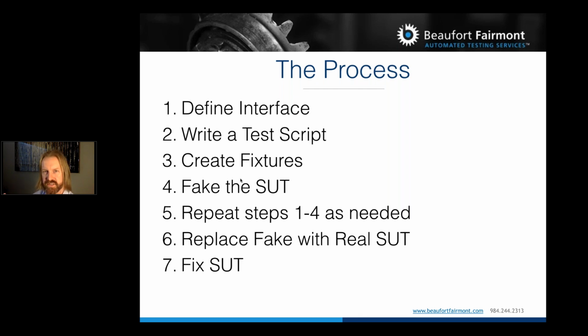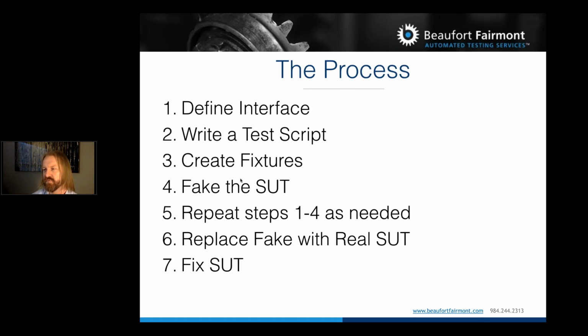I'm not going to go through each of these in depth, but just really quickly, we go through writing a test that's next. We create fixtures after that so that those test scripts will work. Then we fake out the SUT, or the system under test. And that's necessary because we don't have the real system under test yet. So we're going to fake it until we make it.